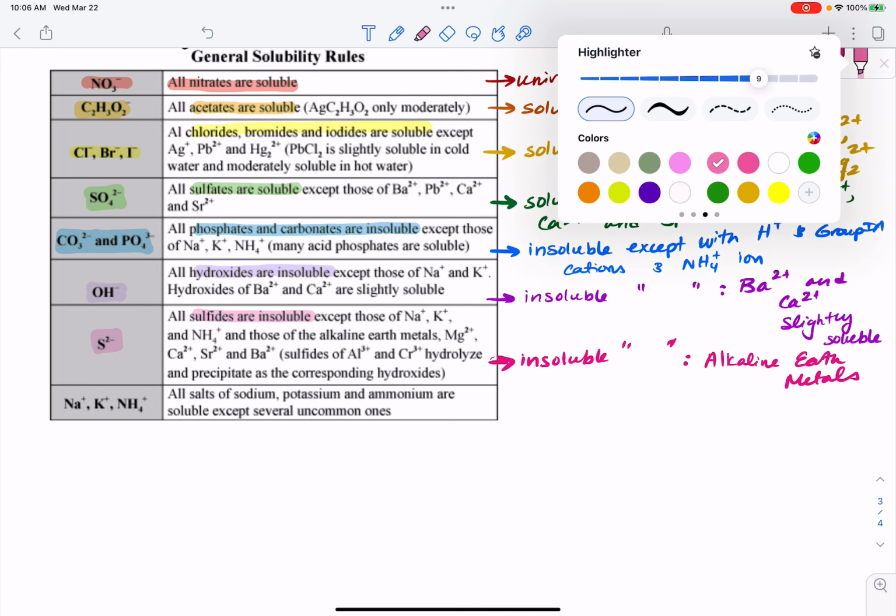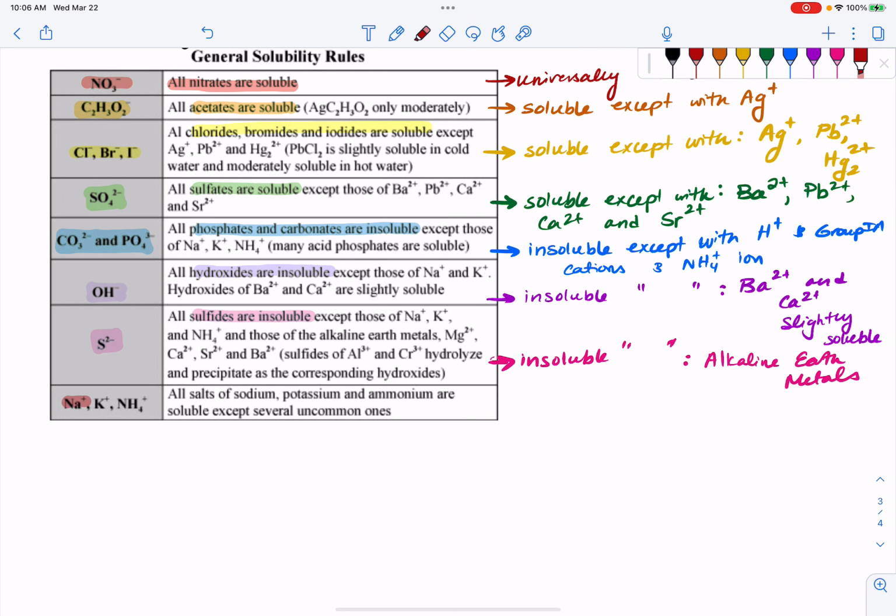And then we have, lastly, the universally soluble ions. There are very few exceptions to this, which is why I call them universal.